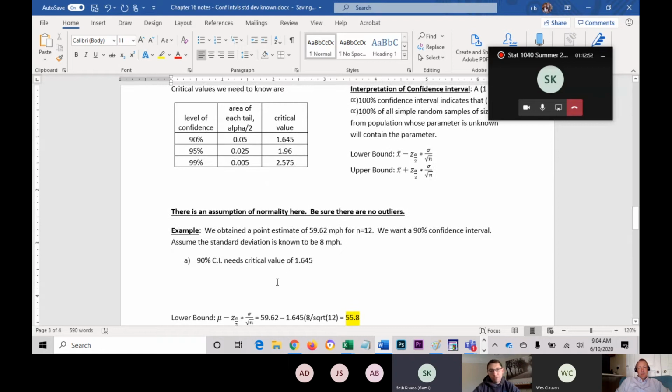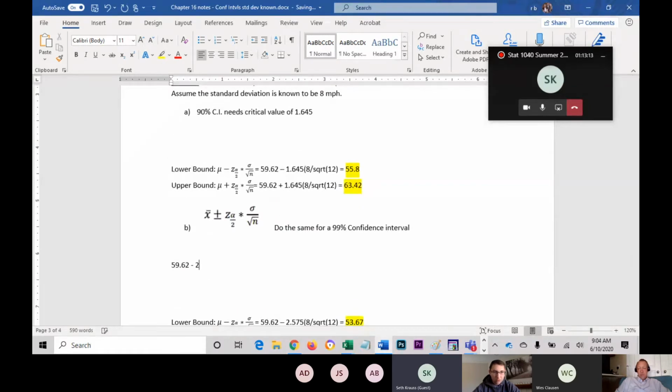Here, I'm going to erase all this stuff so that you can see. And then for 90%, we're doing 99 now. I don't know the value for that. 2.575, perfect.